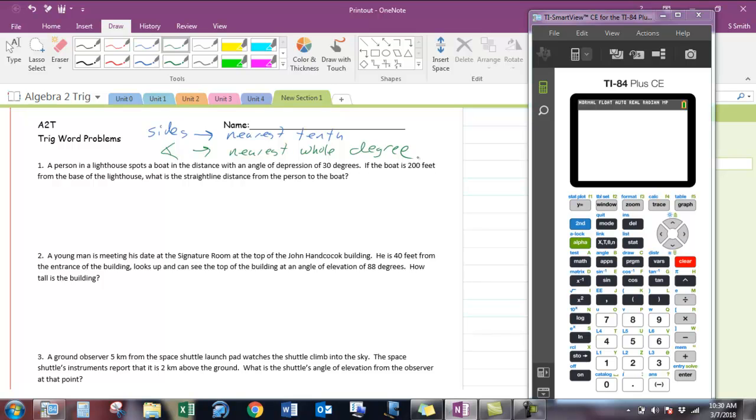Let's start with number one. A person in a lighthouse spots a boat in the distance. Let's draw a picture of that. So old dude is standing on top of a lighthouse, and he was looking straight across, and then he had an angle of depression, which means that he was looking this way, and then he looked down and he said, "Hark!